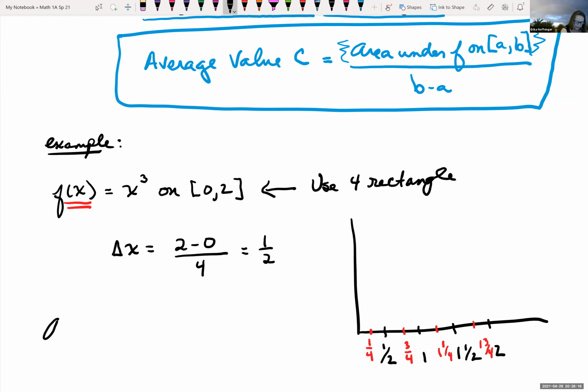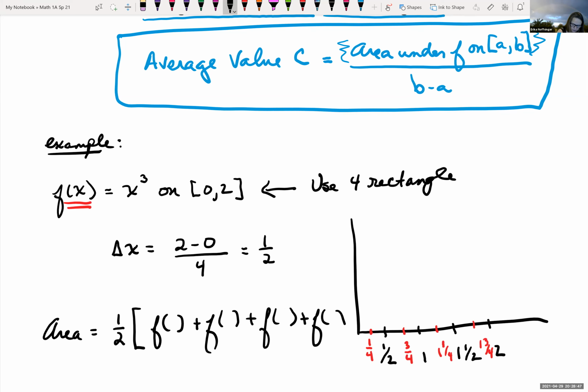Okay, so our area is going to equal 1/2, which is our base, times f of 1/4 plus f of 3/4 plus f of, and I'm thinking about this when I'm plugging it into my value for x and then cubing it. Let's rewrite these as improper fractions. So 1 1/4 would give me 5/4, and 1 3/4 is 7/4.